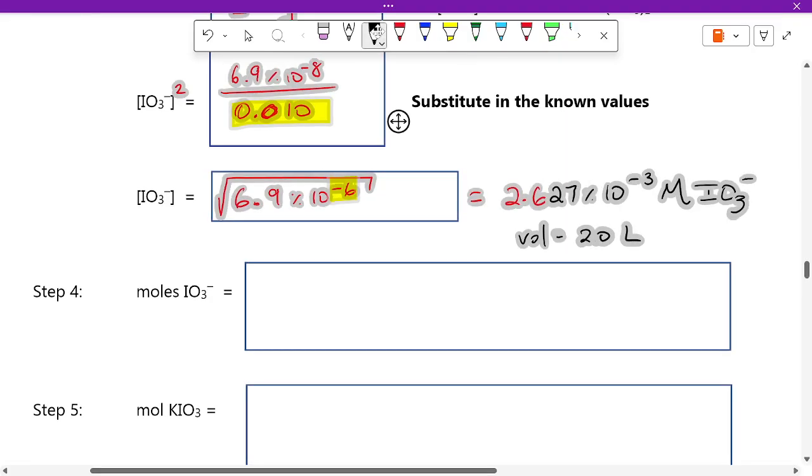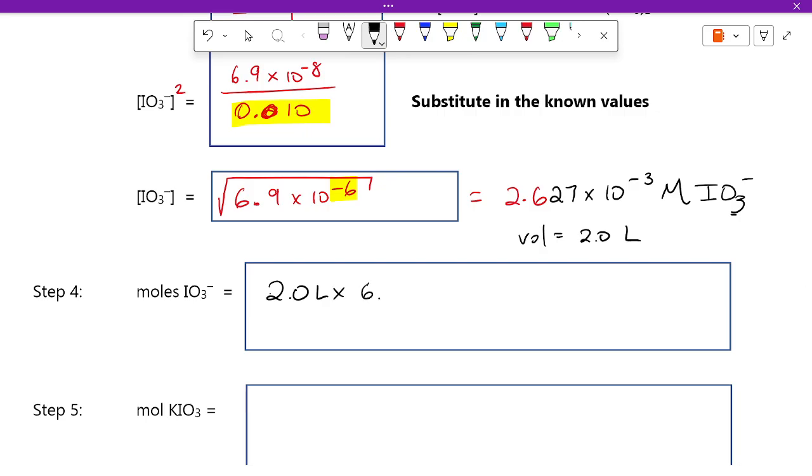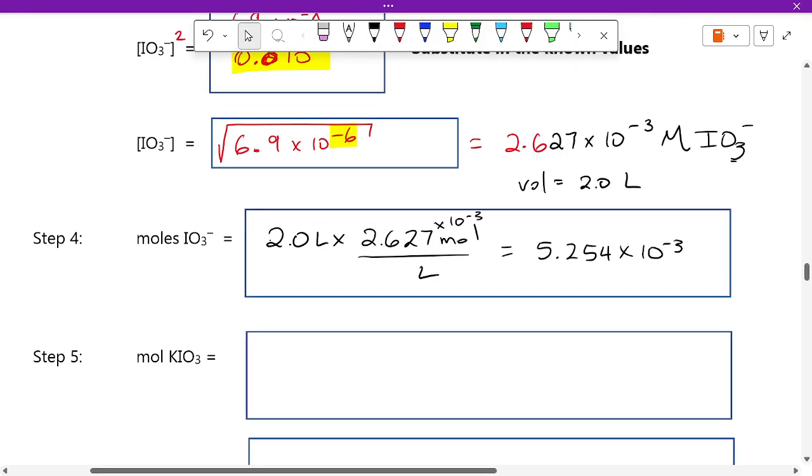So we have 2.0 liters times 2.627 moles per liter, whoops, times 10 to the negative 3 equals 5.254 times 10 to the negative 3 moles of KIO3.